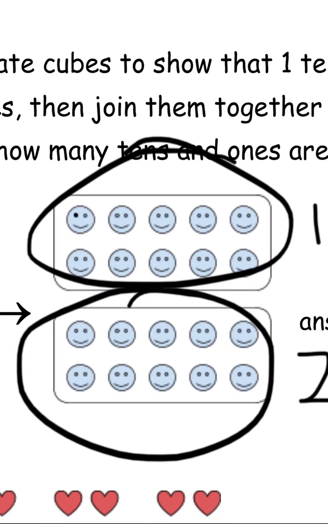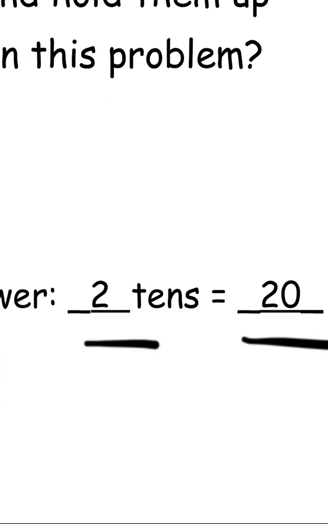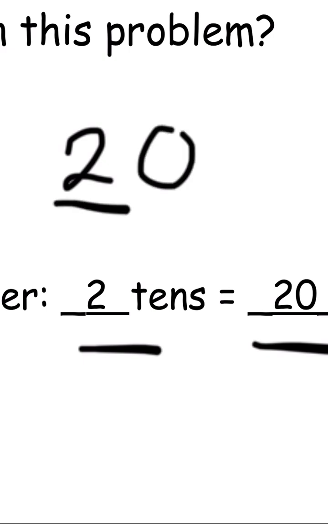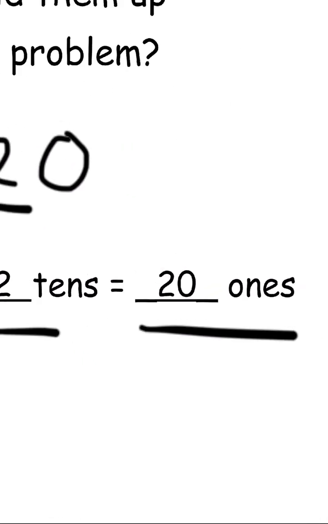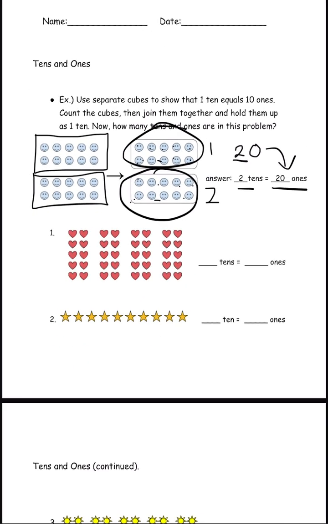So if you count all of them, there are going to be 20, right? 20 of them, because there's 2 tens. 2 tens means that there is going to be 2, and then tens is the second place, right? So there's going to be a 0 after that. So 2 tens is same as 20 ones. So the answer is going to be 2 tens and 20 ones.